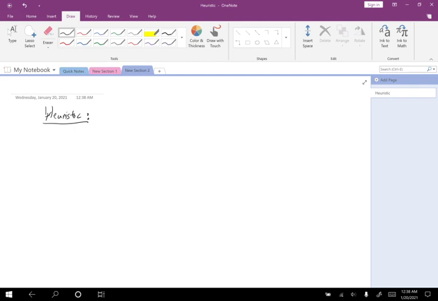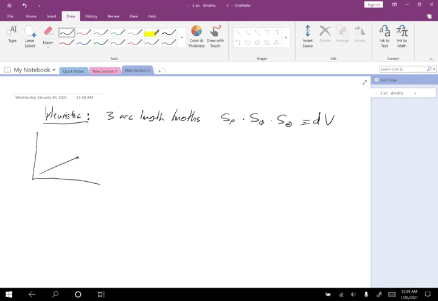The heuristic derivation is to think of three arc lengths. There's going to be an s rho times an s phi times an s theta, and this will be the volume. You start with your point in 3-space, and if you first add a d rho, that is your first arc length.